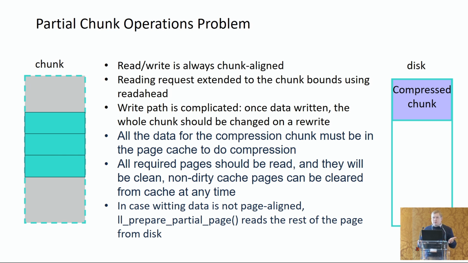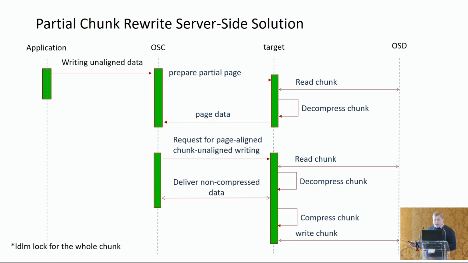It looks too complicated because of distributed Lustre, the client cache, a lot of locks, etc. So a simple idea is: just compress mostly on the client, and decompress such data on the server side, on the OST side.